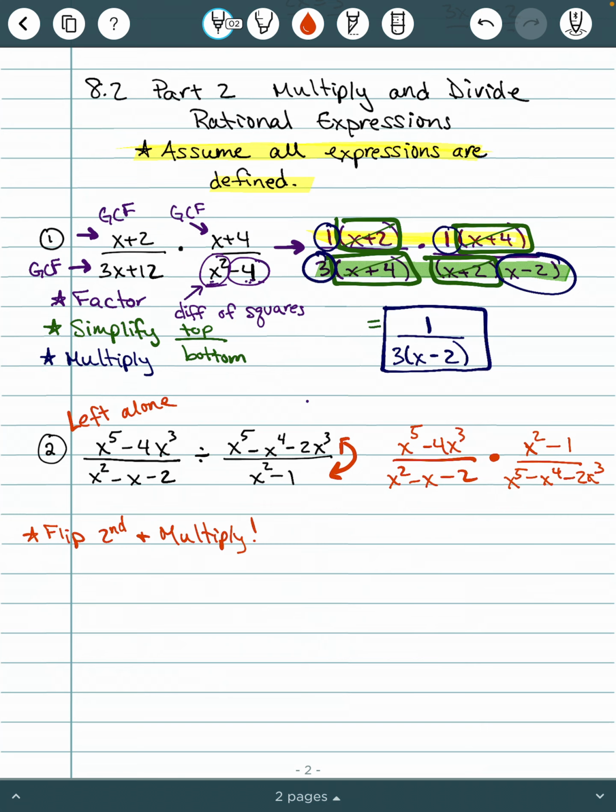Okay, now we're going to go through the same steps we did for our multiplication. So we are going to factor. I always start with my top left numerator. We've got two terms. They're not a difference of squares because I don't have an x squared or an x to the 4th. They're all odd exponents. So that means I'm looking for a GCF.